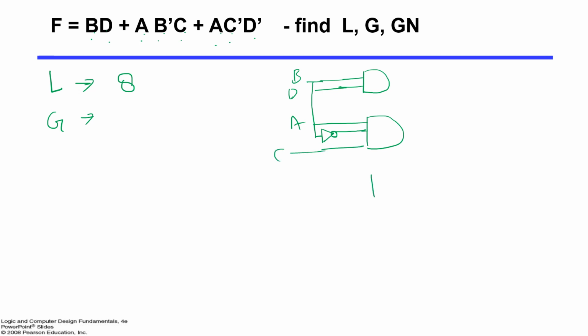Now we have a third AND gate where we have A as input. Then we have C complement as input. So let me take a NOT gate here, C complement as input, and we require D complement as well.